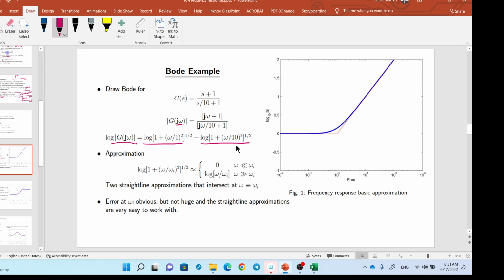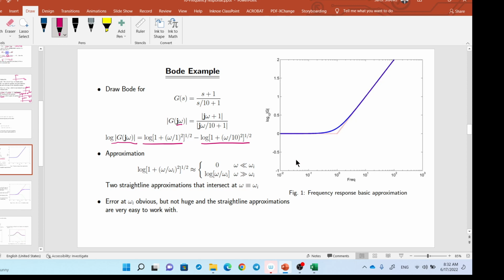And in order to plot this, you find asymptote. Okay, to sketch it manually, you need to find asymptote. So in order to find asymptote, you find the limit of omega.